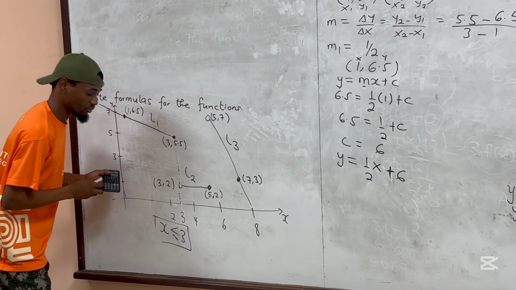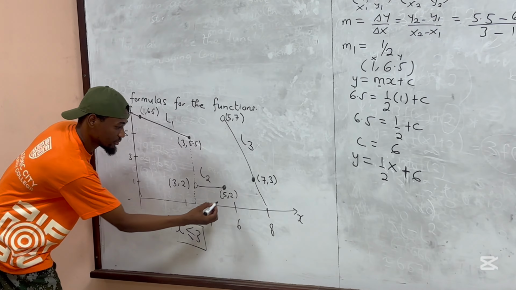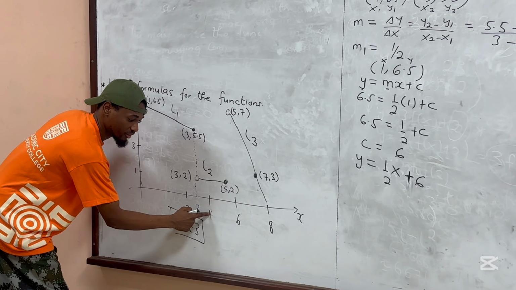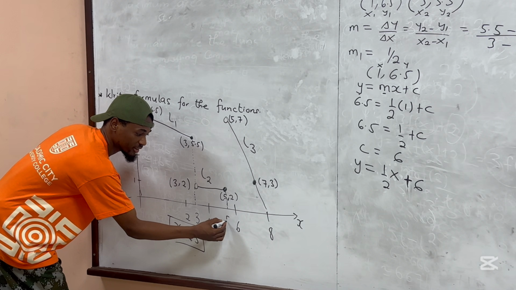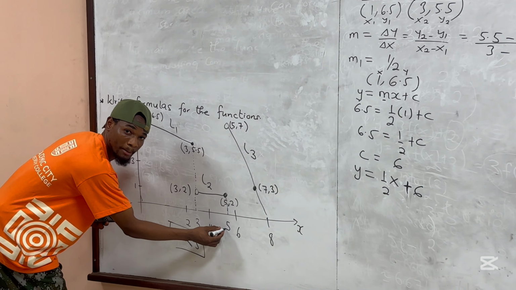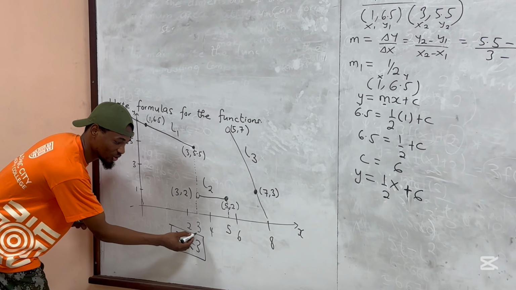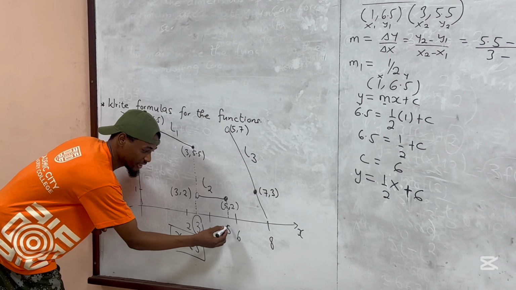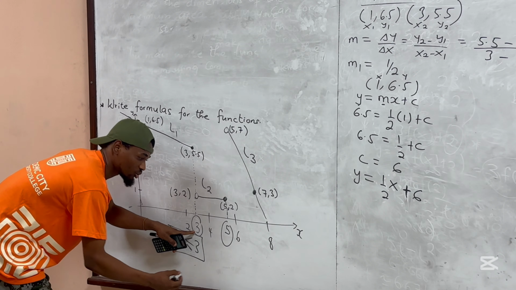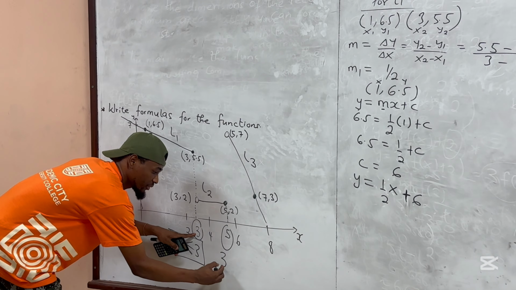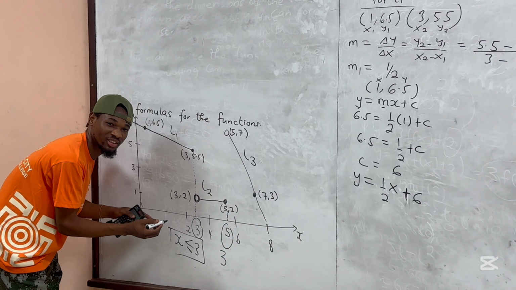For the second one, realize that this is between 4 and 6. If I trace this point, it falls on 5. Then when I trace this other point, it's on 3. So here is the range. The interval becomes 3, but this side is not shaded, so it's not inclusive.